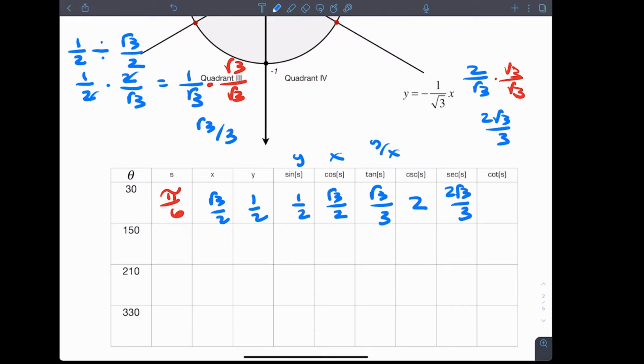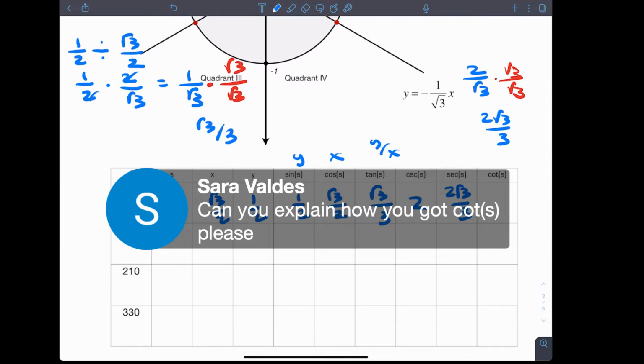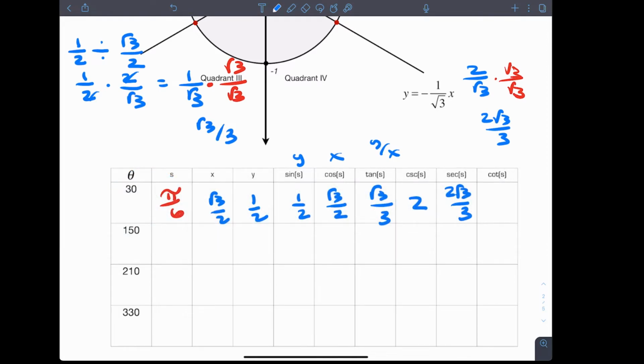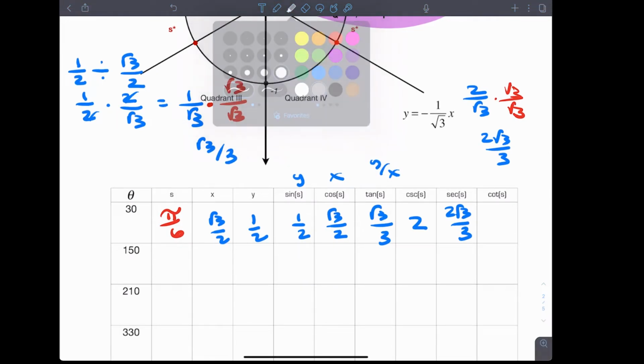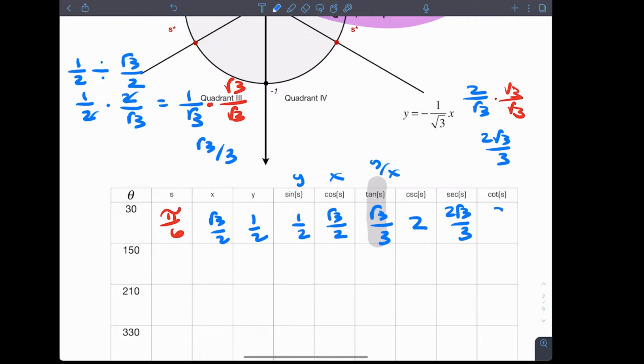Okay. Sarah, it's coming. Cotangent's coming. I apologize. Cotangent, what's that definition? Where do you go to? Don't you go here to tangent? You need the reciprocal, right? So you can say that's 3 over the square root of 3. But what do you do? You rationalize the denominator.